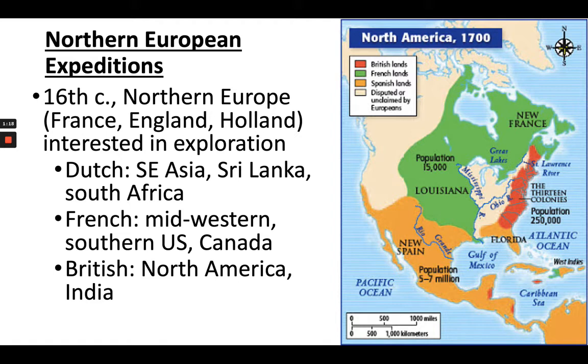So in the 16th century, aka the 1500s, we see that Northern Europe, aka France, England, and Holland, become interested in exploration as well. By this point, the Spanish and Portuguese expeditions had already slowed down.